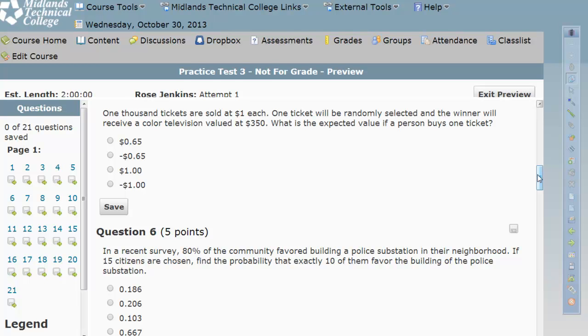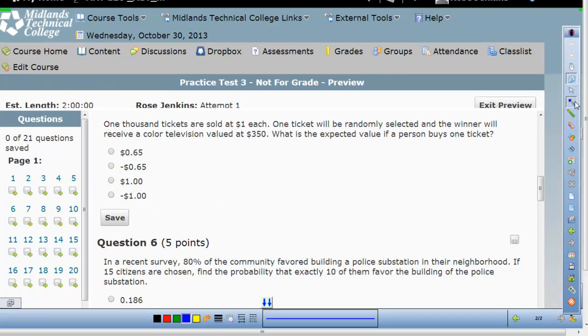What is the expected value if a person buys one ticket? Okay, so again, we have to come up with the probability distribution, and X is going to be the value to the person playing the game, and P of X is going to be the probability associated with that value.